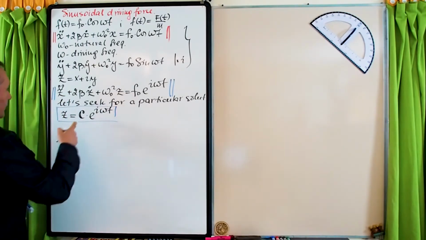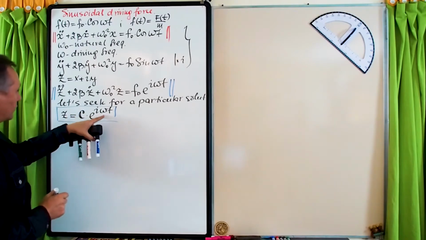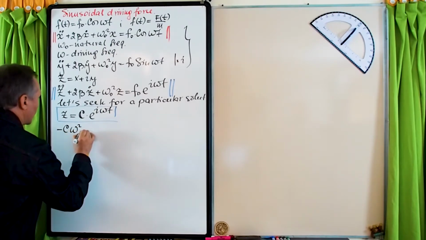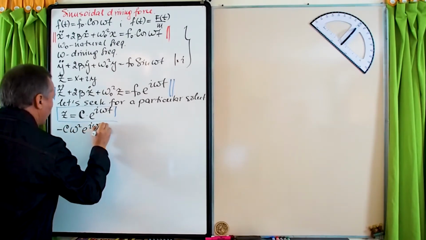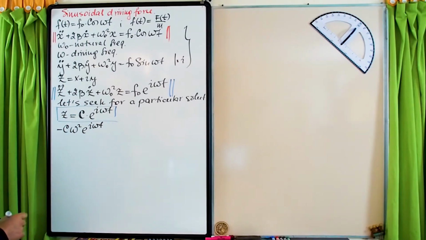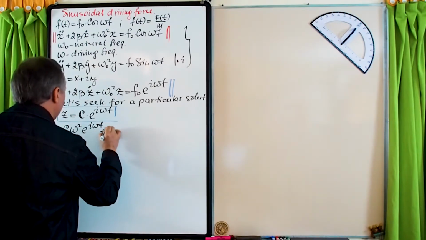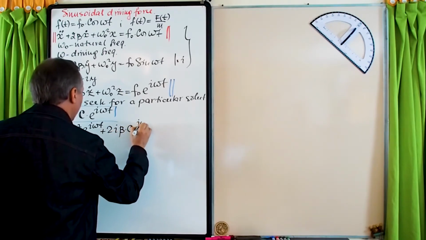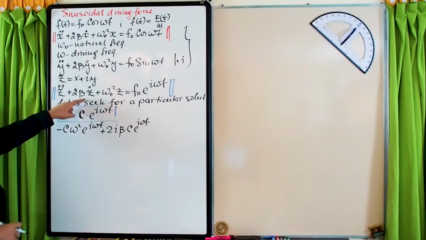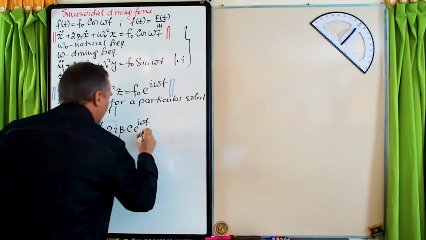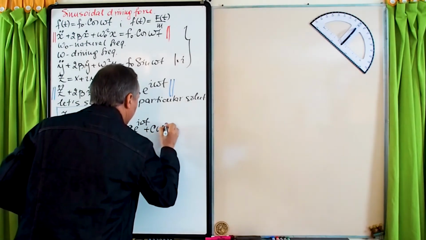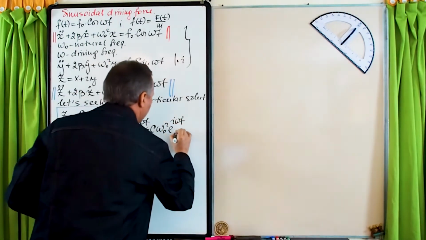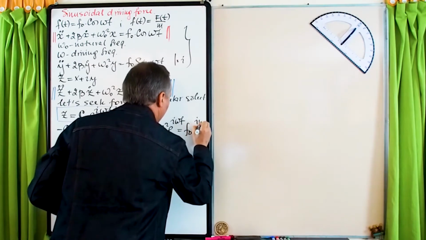All right, so if we plug it, we will get minus omega squared c, so minus c omega squared e to the power of i omega t, then plus 2i beta c e to the power of i omega t, and c omega naught squared e to the power of i omega t, and f naught e to the power of i omega t.